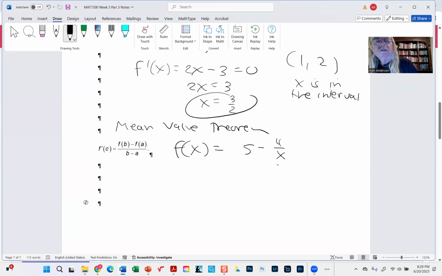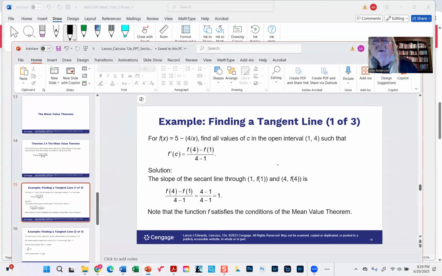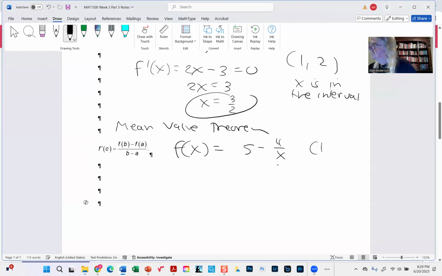And we need to know the endpoints, 1 comma 4. Oh, and a quick reminder that that term actually is equal to the secant, the slope of the secant line between the points a and b.